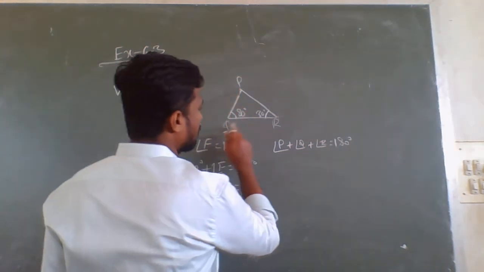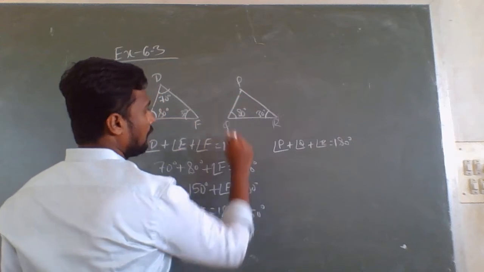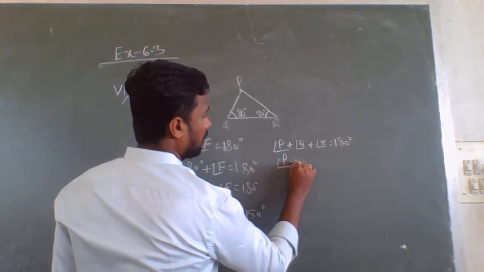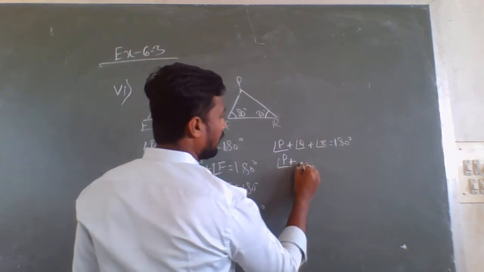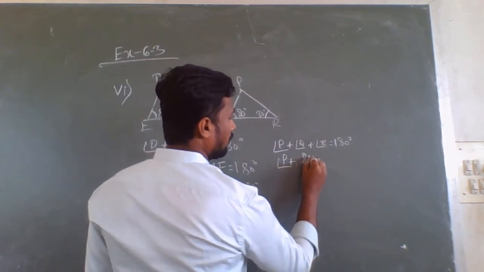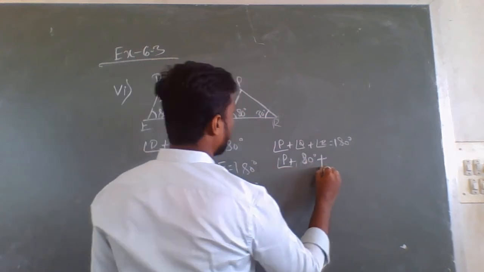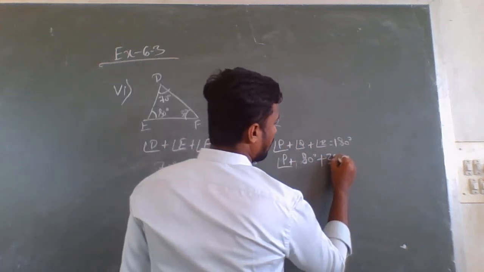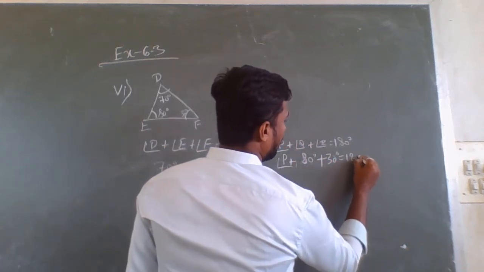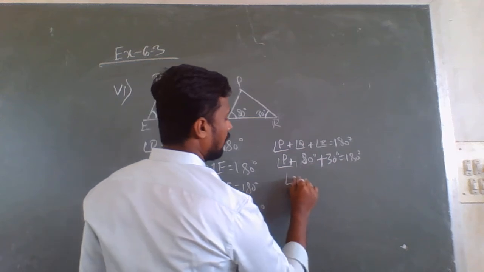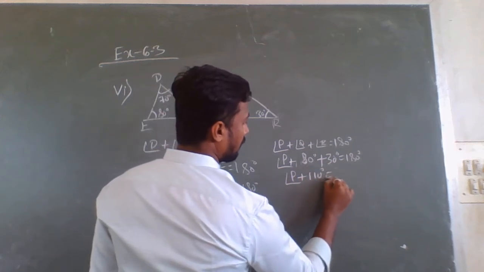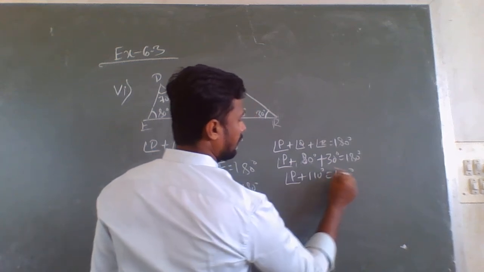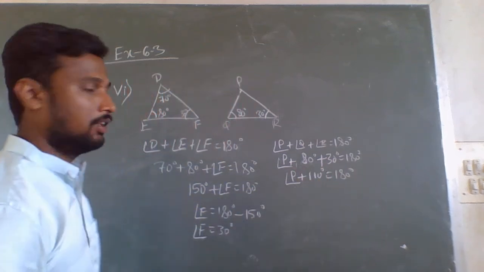Therefore, angle P plus Q plus R is equal to 180 degree, and we have to calculate angle P, and angle Q is 80 degree. This is 80 degree plus angle R is 30 degree is equal to 180 degree. Now angle P plus 80 plus 30, which means 110 degree, is equal to 180 degree.